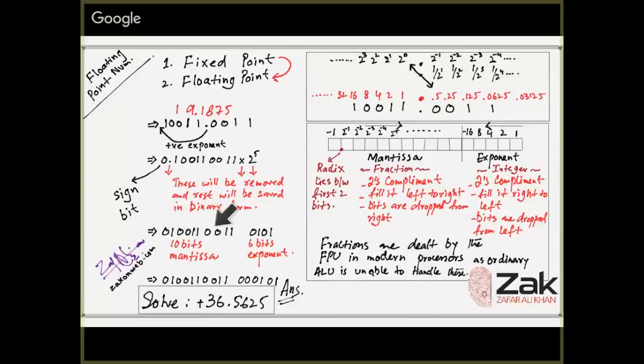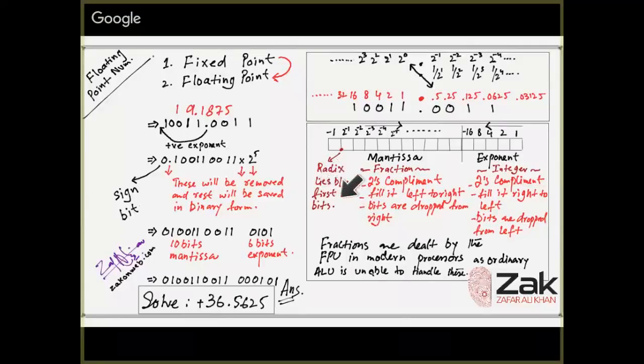So we'll start filling it from the left. 1, 2, 3, 4, 5, 6, 7, 8, 9, 10. Fortunately, this is 10 bits original and 10 bits of space that we had, so we filled it in. And then we had 6 bits, so 1, 2, 3, 4 here and 5, 6. So this is actually the floating point of 19.1875.